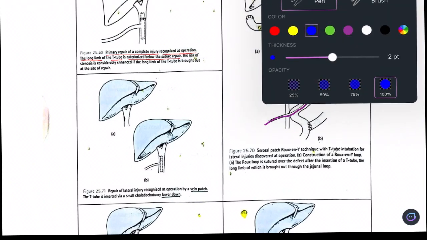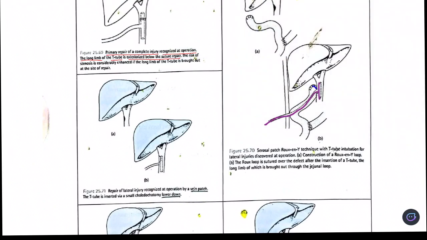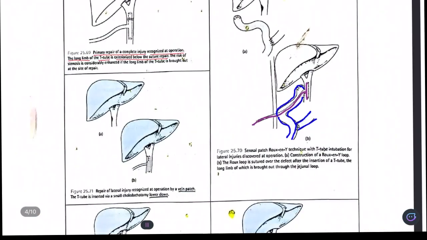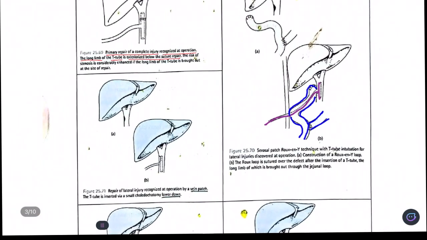Here in the blue we can see this is the jejunum, and through the mobilized jejunum we can exteriorize the T tube. So when there are partial or lateral injuries, we can perform this.